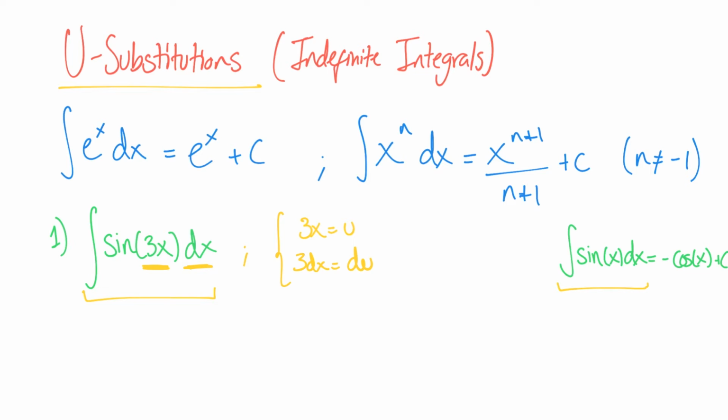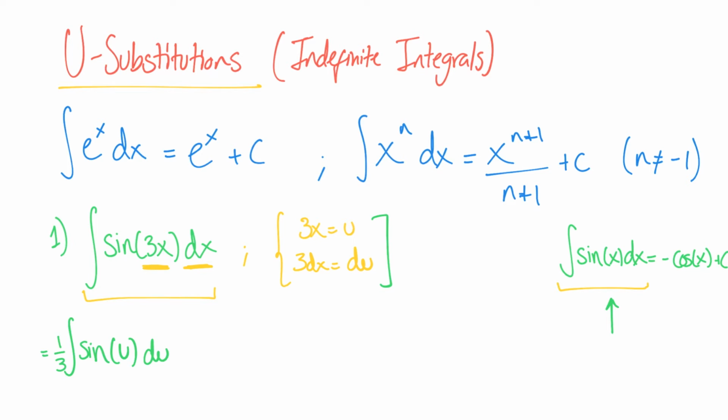So now I just substitute, following this rule that I just created. I said that 3x was equal to u, so I'm going to have sine of u. And then dx is going to be du divided by 3. We can take this 1/3 outside, and I realize that now I basically have the same integral I had before.